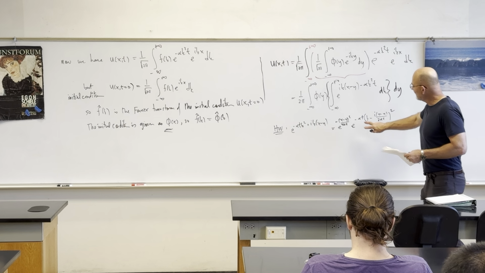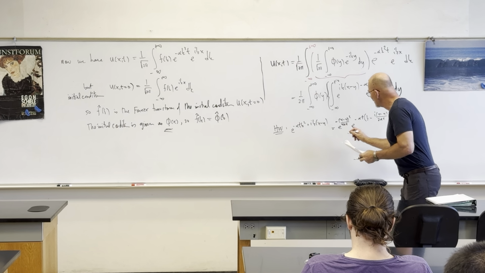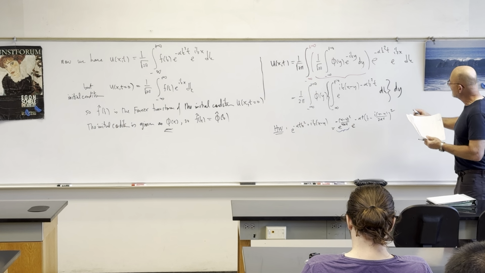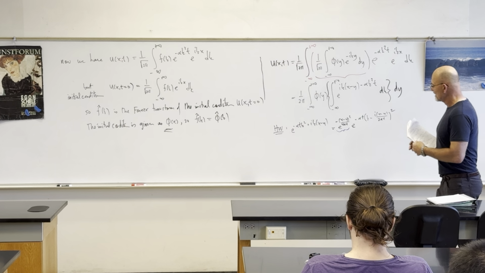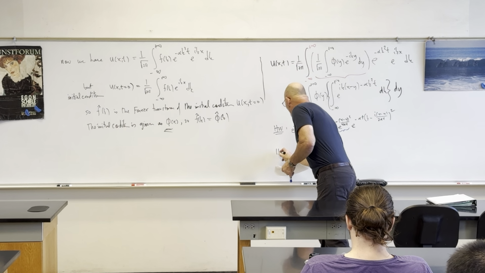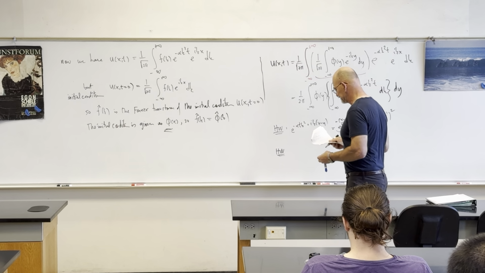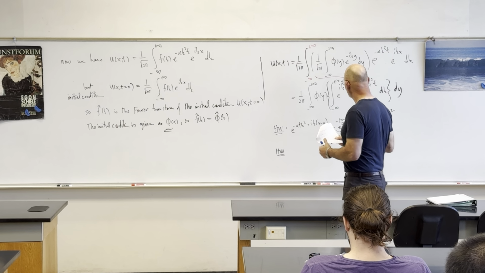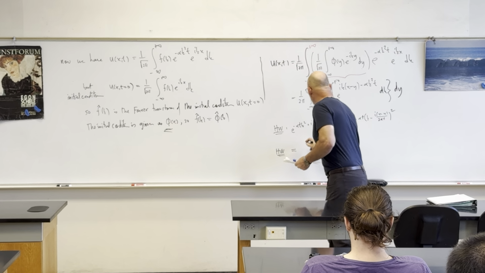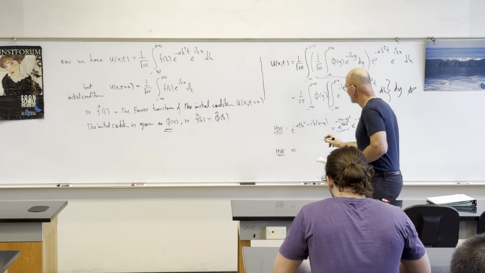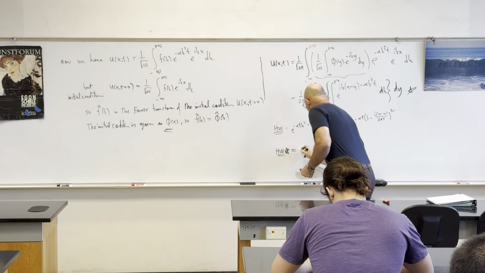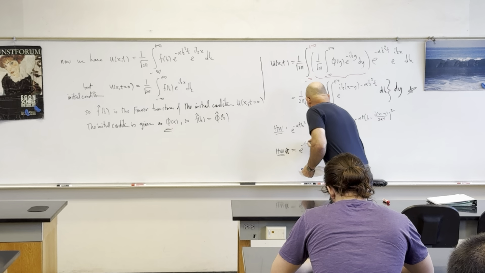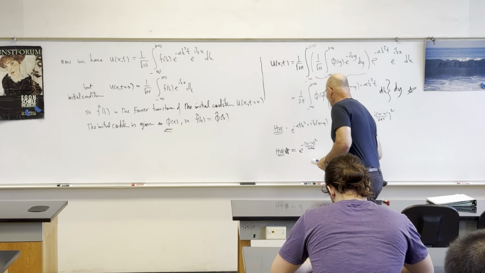And that's what this is going to do. It's going to take this part outside of the dk integral. So having done that, then this entire integral here is going to have this out front, e to the minus x minus y squared over 4 alpha t.